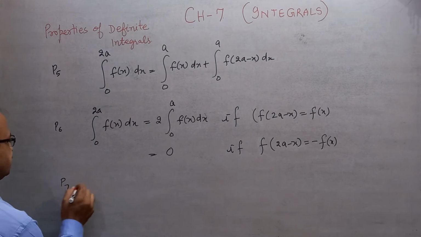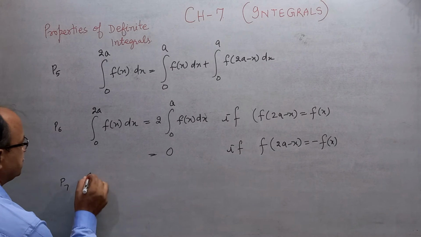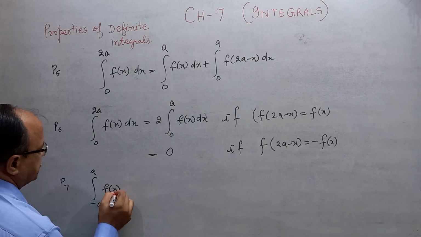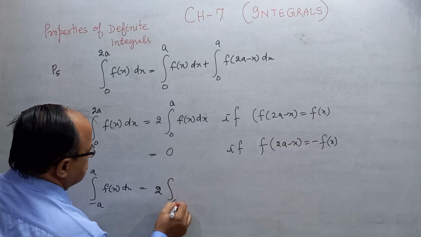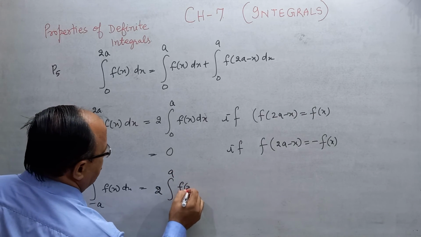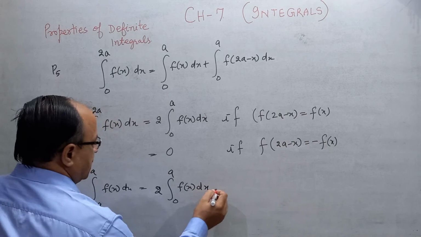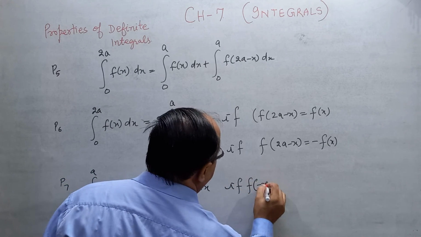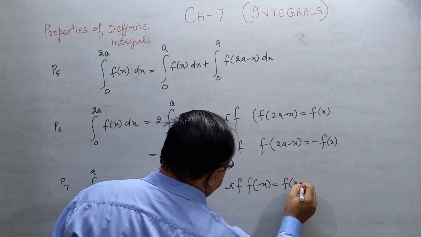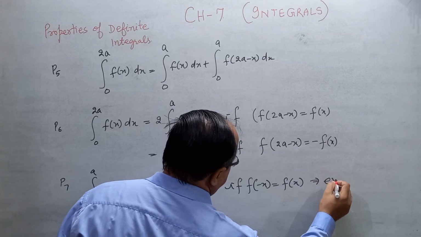And the property P7, that is minus a to a f of x dx, you can write twice 0 to a f of x dx if f of minus x is equal to f of x. It means this is an even function.